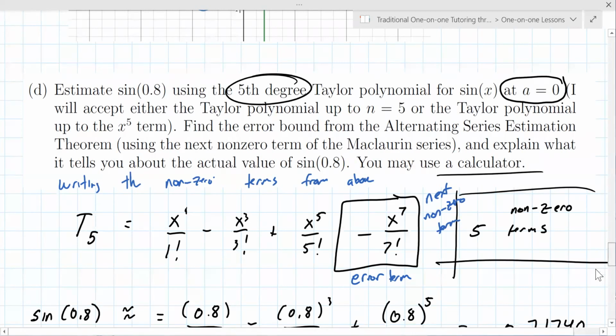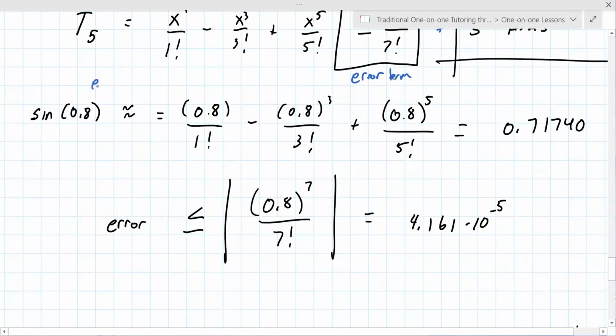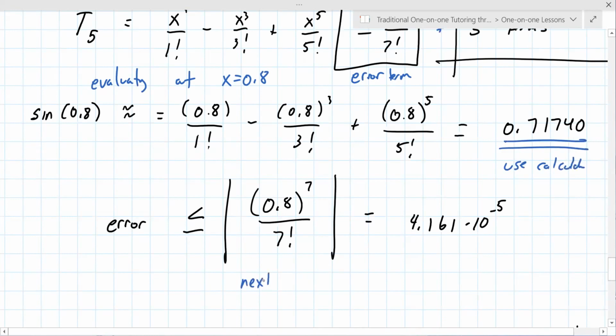And then we're evaluating at x equals 0.8. And we did use a calculator here. And then this is the next non-zero term, but we evaluate at x equals 0.8, the same value. It goes in both places.